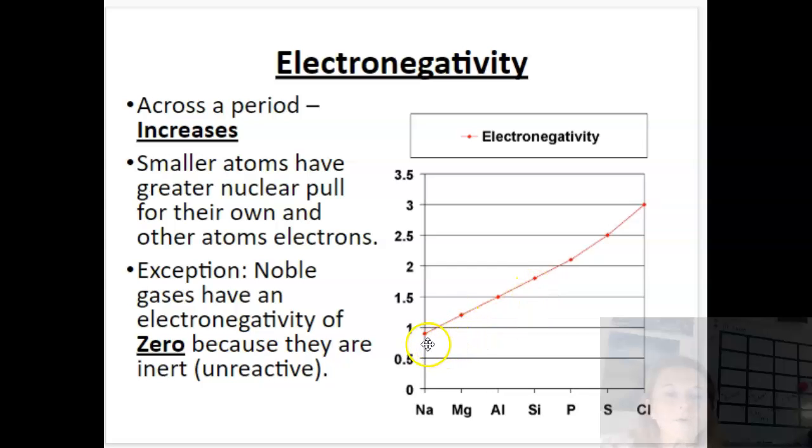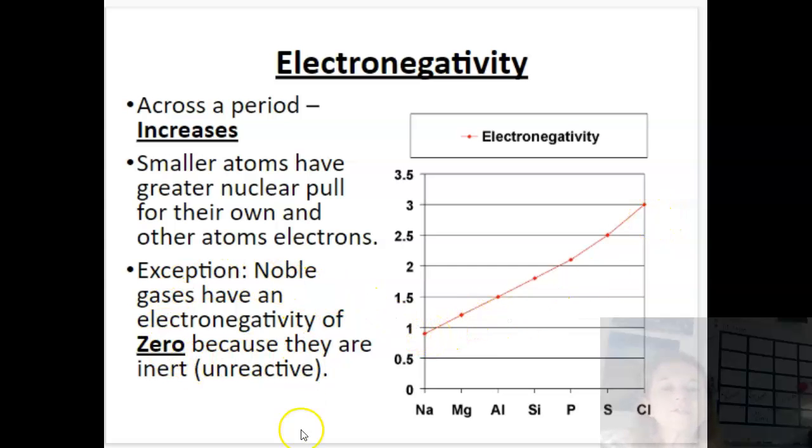Magnesium has one more proton than sodium. Aluminum has one more proton than magnesium. And so with each proton, that nucleus gets stronger and more attractive, and so other atoms will give up their electrons more easily to chlorine than it will to sodium.